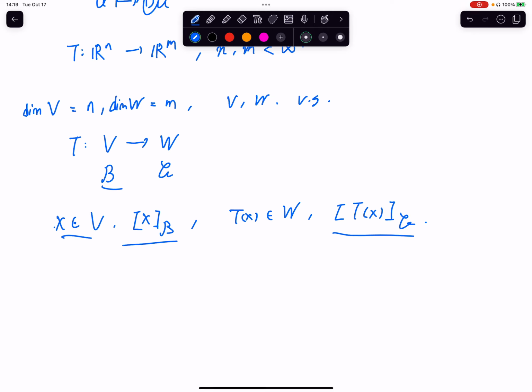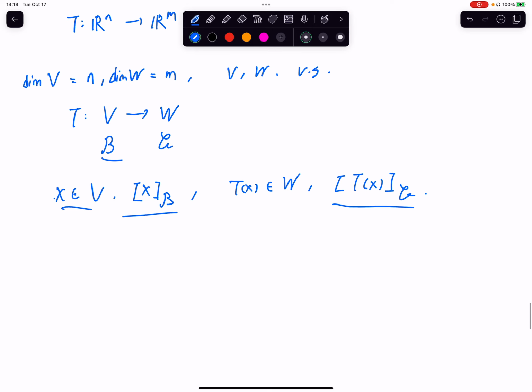The connection between these two can be easily constructed. Namely, consider b1 up to bn, which defines our B.